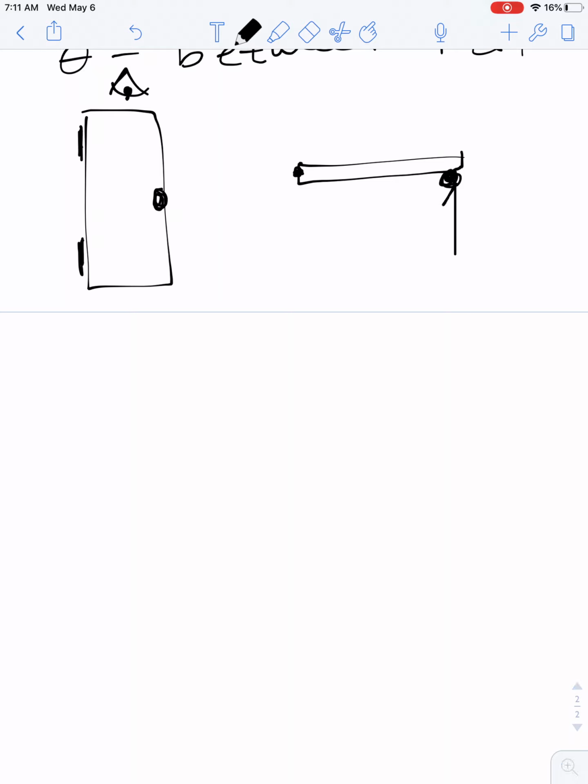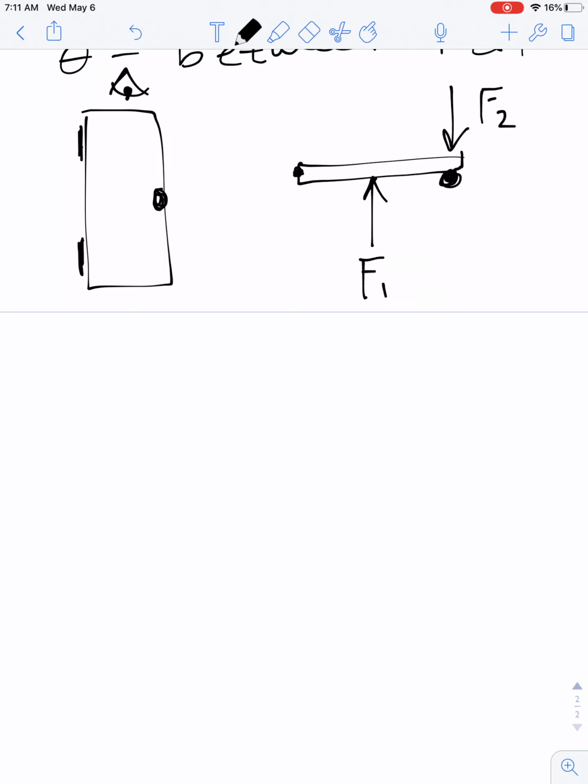You're going to try to push this door inward. In fact, you're not even going to use the doorknob. You're going to push inward with your shoulder, okay? And then another person's going to come over here and push this way. And so this is your force, we'll call it F1. And there's another force over here, we'll call it F2.